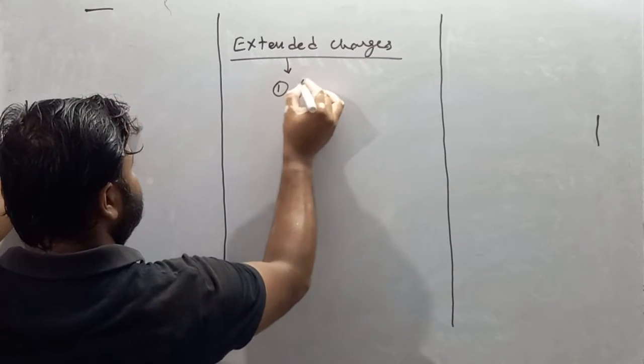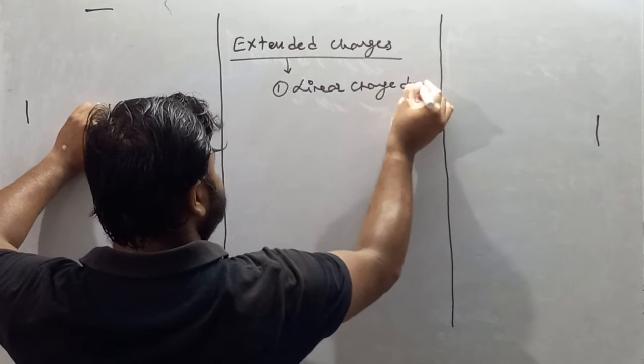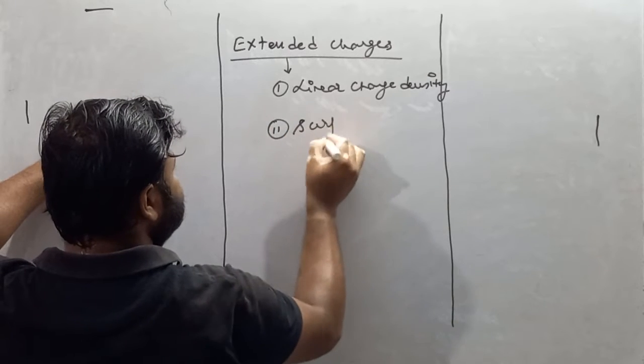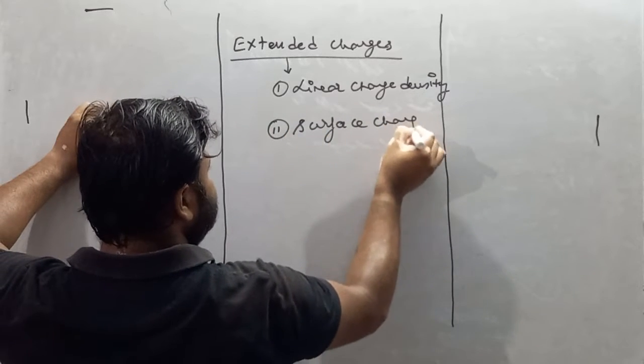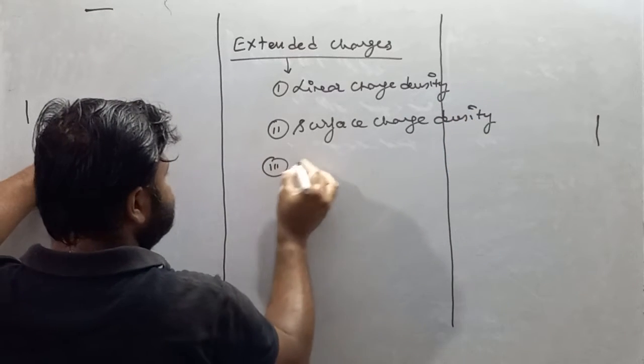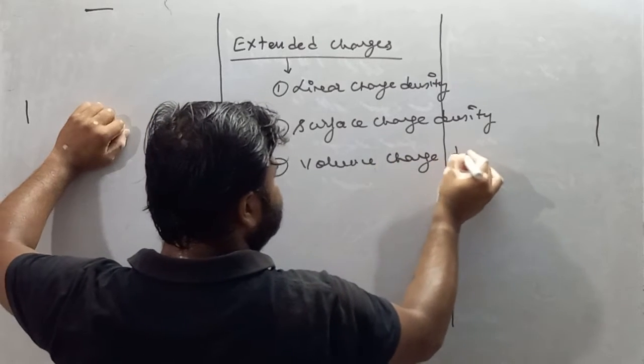First is linear charge density, second is surface charge density, and third is volume charge density.